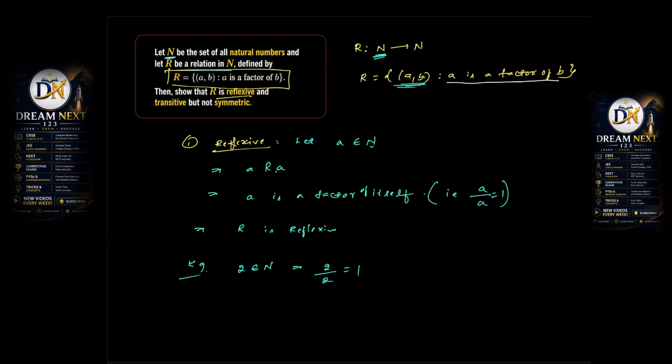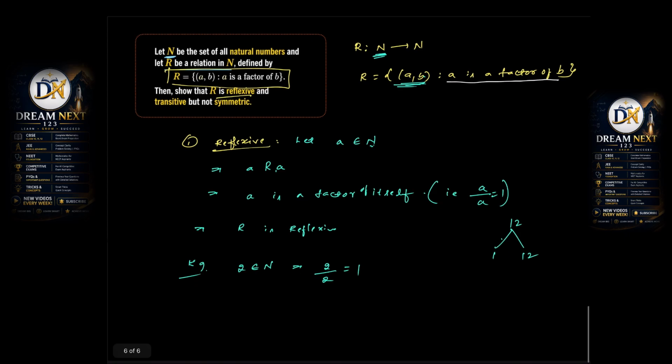Any natural number itself is a factor of itself. If you consider 12, definitely there are 2 factors: 1 and itself. 1 and itself is always a factor for any natural number. Okay, the first condition is satisfied.